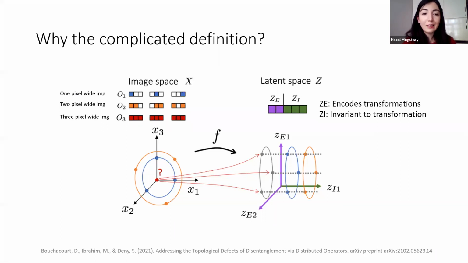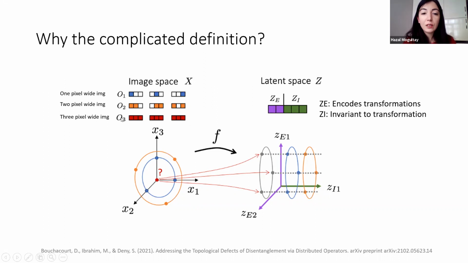So what we are trying to find is a mapping from this space to a latent space that can consist of 2 different parts. This ZI here is invariant to transformation. It only tells you how many black pixels there are in your image. And this ZE encodes the transformations and says where that black pixel is. So let's consider here in our original space, the blue, orange, and red ones are scattered like this.